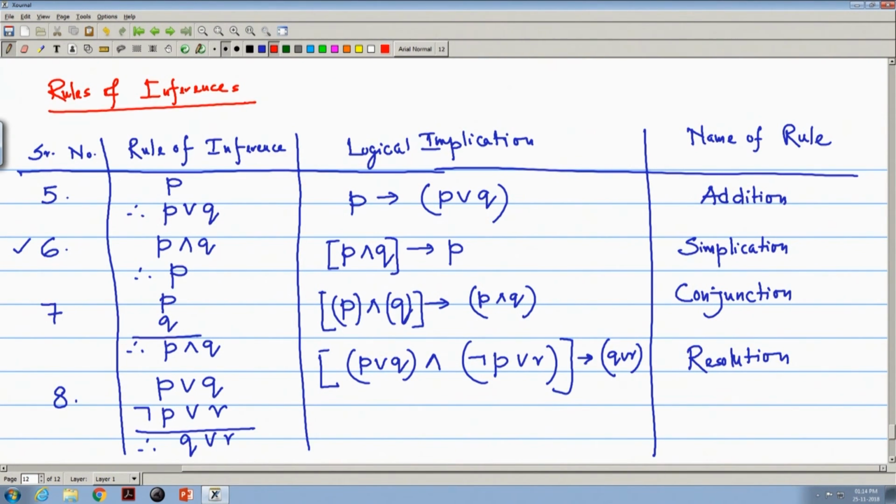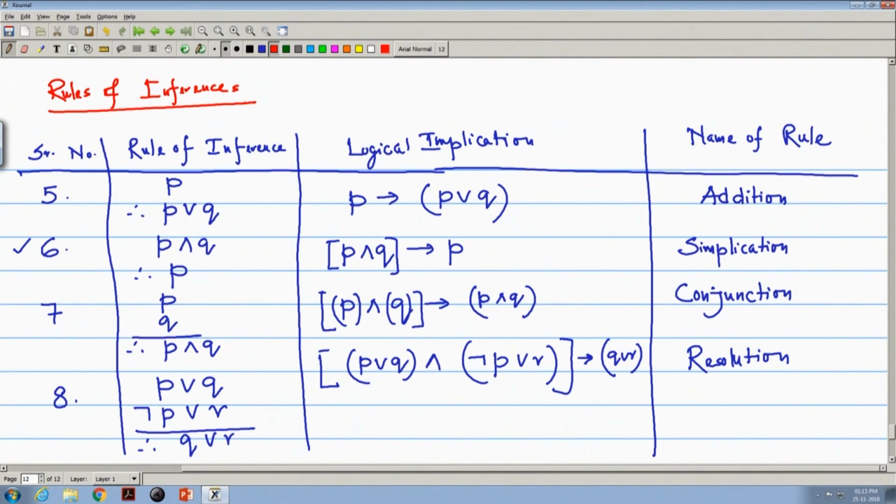That we can apply directly when we try to simplify the compound proposition, or we will see in the examples later, that when we try to prove some theorems, then instead of applying the simple laws of logic, we can apply these rules of inferences.